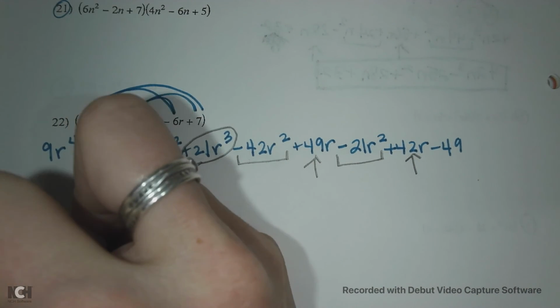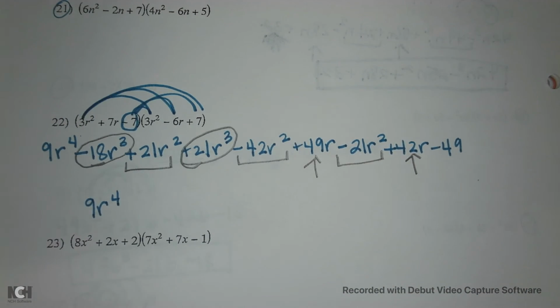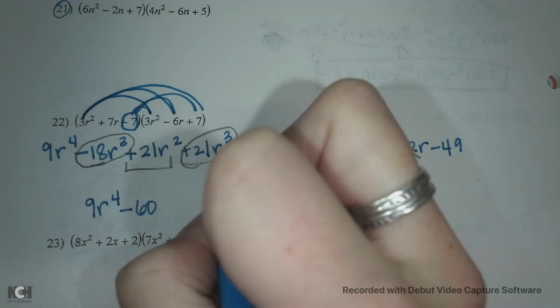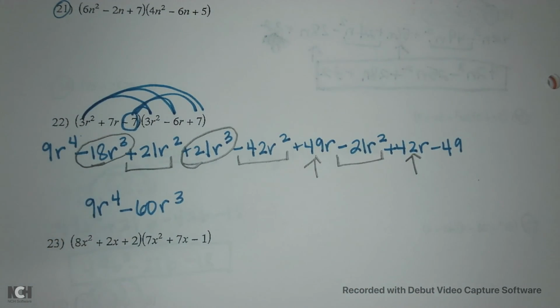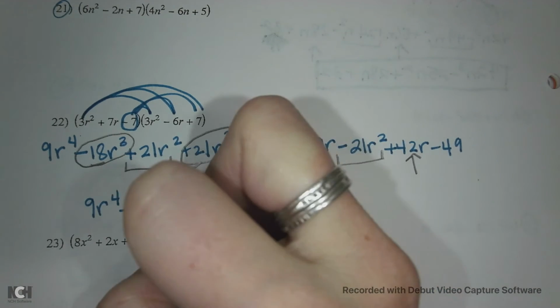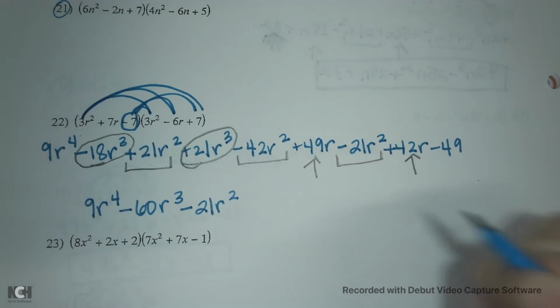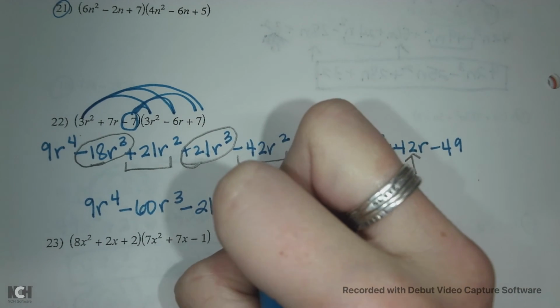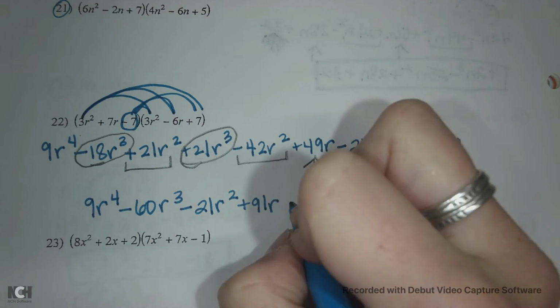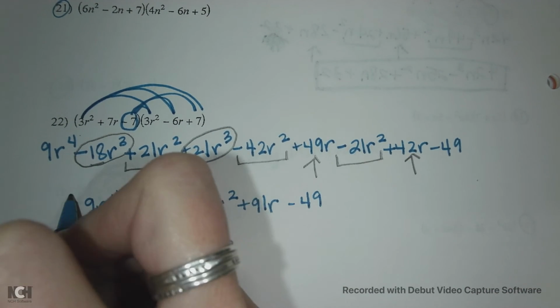So I've got 9r to the 4th, and then for my cube, I have negative 18 minus 42, which is negative 60 r cubed. And for the squareds, I have 21 minus 42, which is negative 21 r squared. And for my r's, I have 49 and 42, which is a positive 91r. And then I have my negative 49 after.